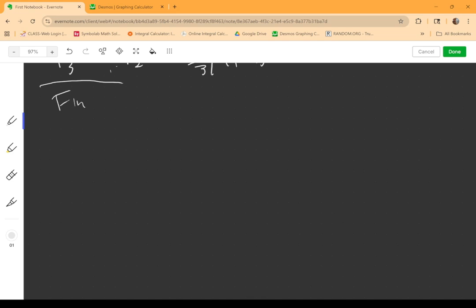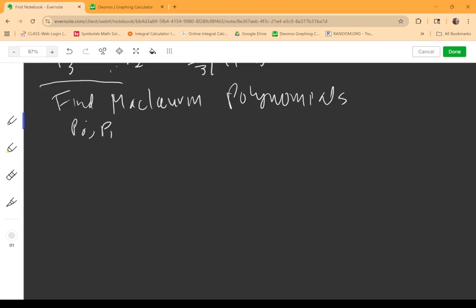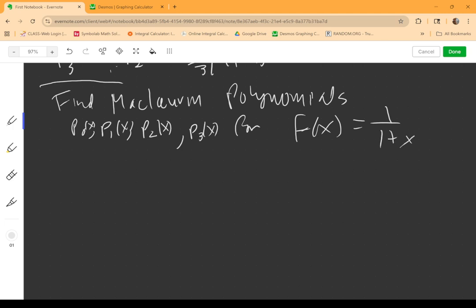So I'm going to find the Maclaurin polynomials, same game here: P0 of x, P1 of x, P2 of x, and P3 of x for f of x equals 1 over 1 plus x. Again, since it's Maclaurin, that tells me the center is 0.